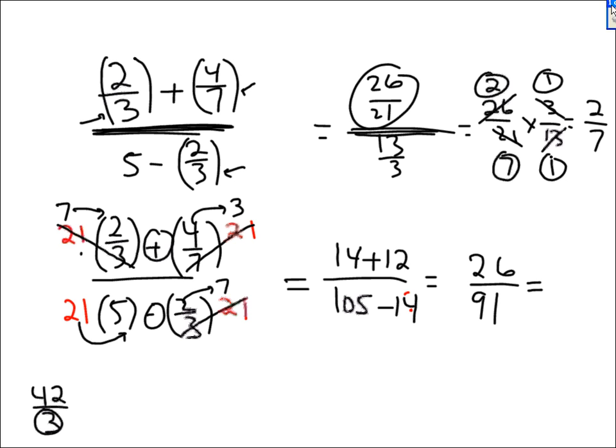And it turns out that 13 goes into this number 2 times, and 13 goes into that number 7 times. And that's why you get 2 over 7. There it is. We didn't have to actually add any fractions. We didn't have to subtract any fractions. We just added integers.